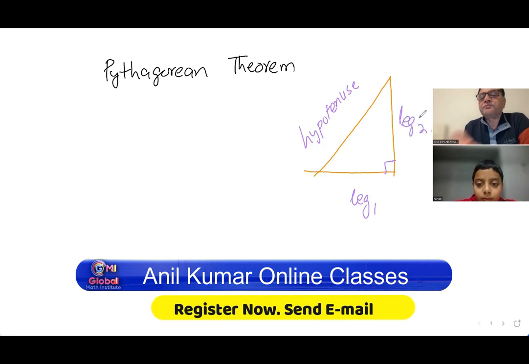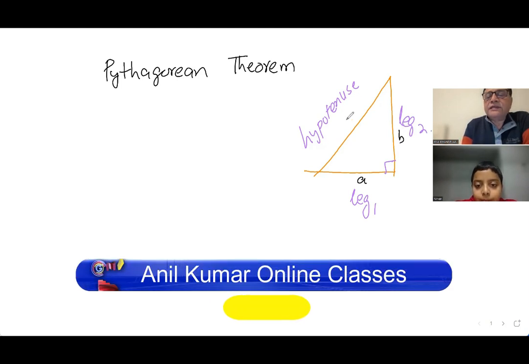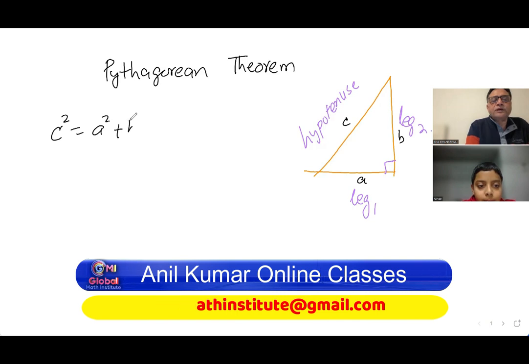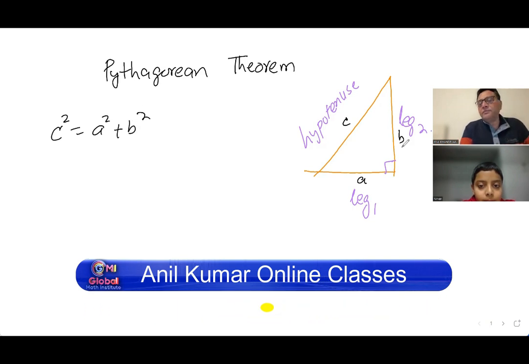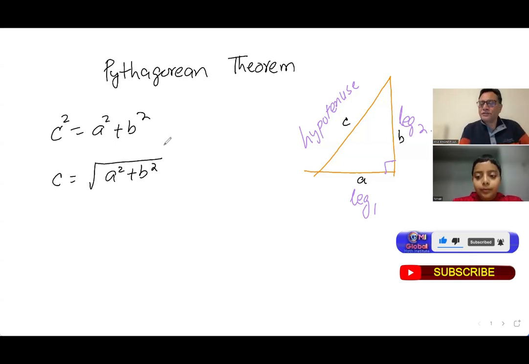In any triangle, if the sides are A, B, and C, where C is the length of the hypotenuse, then C square is equal to A square plus B square. Given A and B, we can find the value of C, and C will be square root of A square plus B square. All the sides are greater than 0, correct?